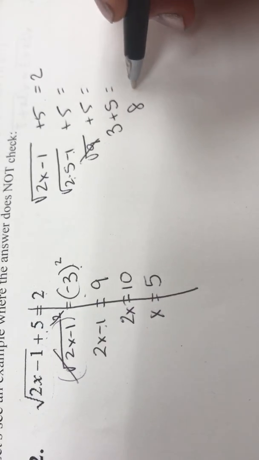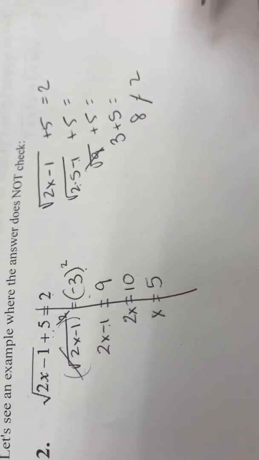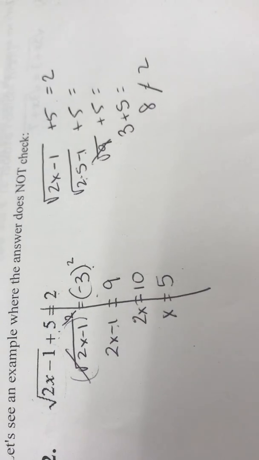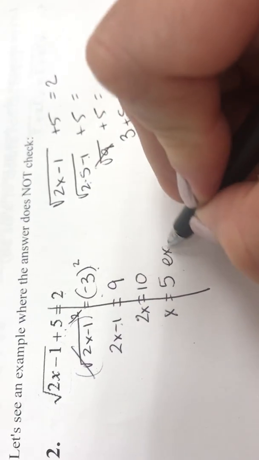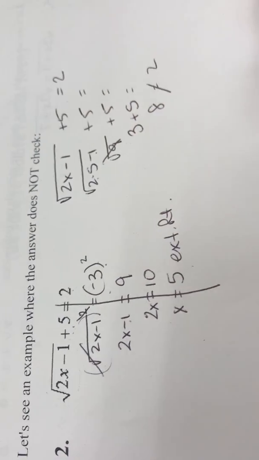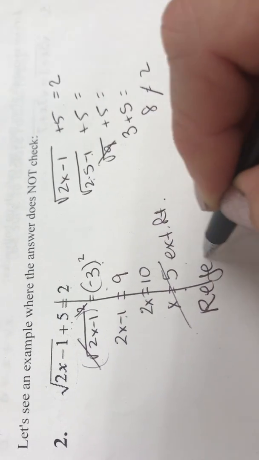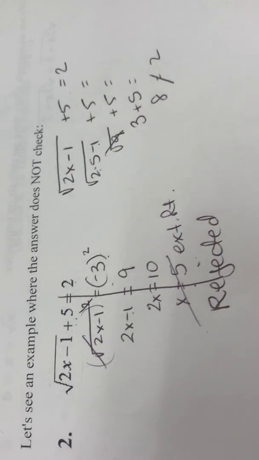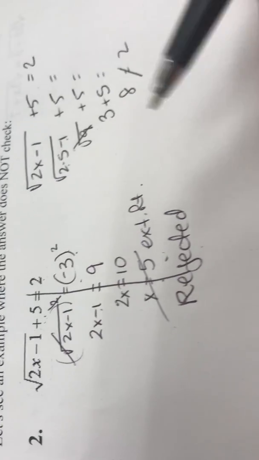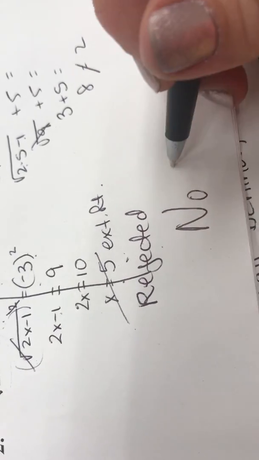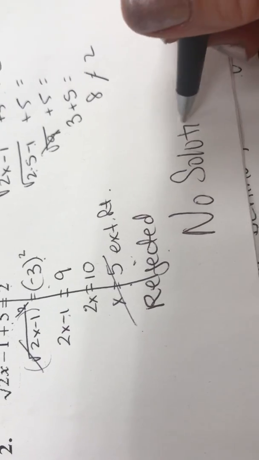That does not check. There's our example of an extraneous root. This is an extraneous root, which means this gets rejected. And if it's rejected and there's no other solution, then our answer is no solution.